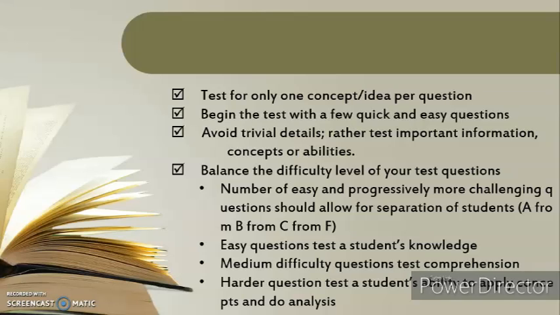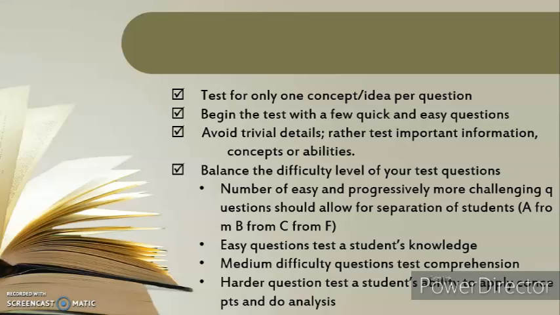Avoid trivial details, rather test important information, concepts, or abilities. And last, we have to make a balance for the difficulty level of the test questions. We have to consider here for the balancing there are 4 points. First, the number of easy and progressively more challenging questions should allow for separation of students.